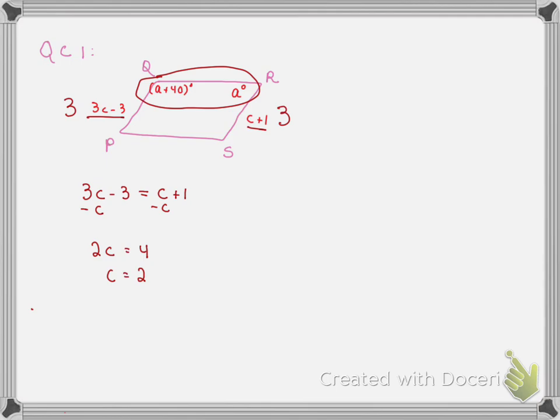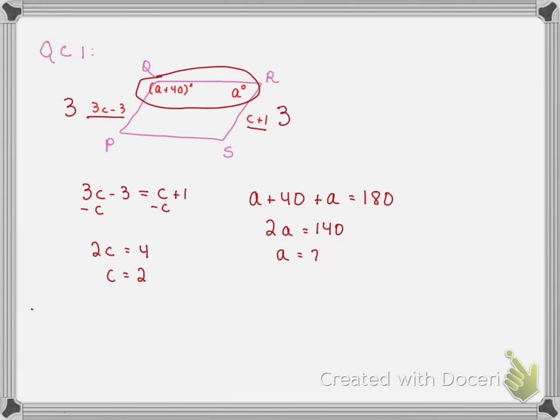But remember, if opposite angles are congruent, that means that consecutive angles are supplementary. So A plus 40 plus A equals 180 degrees because A plus 40 and A are consecutive angles. So 2A equals 140 and A is equal to 70.